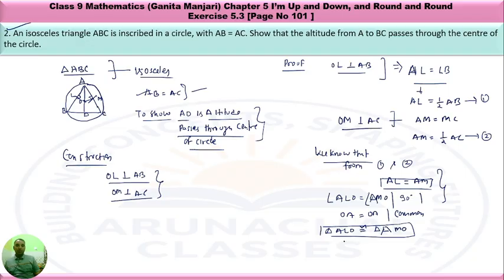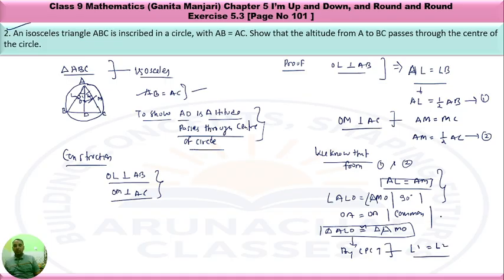So with this reference now I can say by CPCT. Here I'm marking this as angle 1 and this as angle 2. So by CPCT I can say that angle 1 is equal to angle 2. These are corresponding parts of congruent triangles.